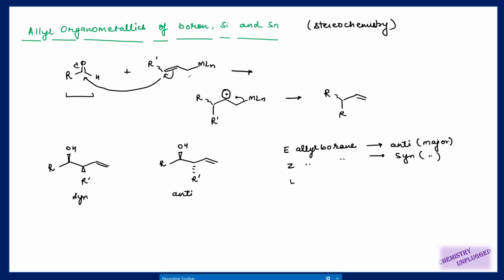Similarly, if you have E allyl stannane, then you will get anti as the major product. Again the same thing applies, and for Z you will get syn as major, right? So how have we decided that E will give anti and Z will give syn? You can remember this, but you should know how it is applied.